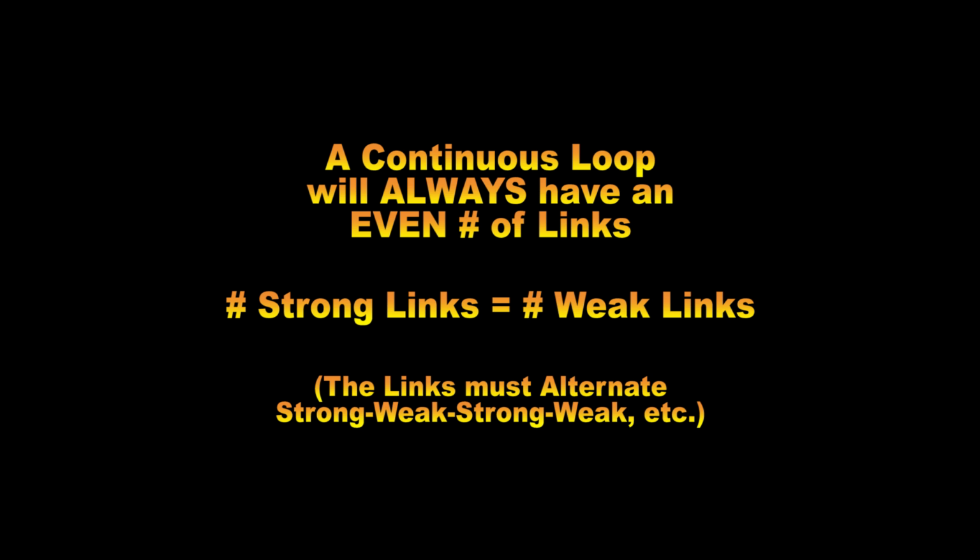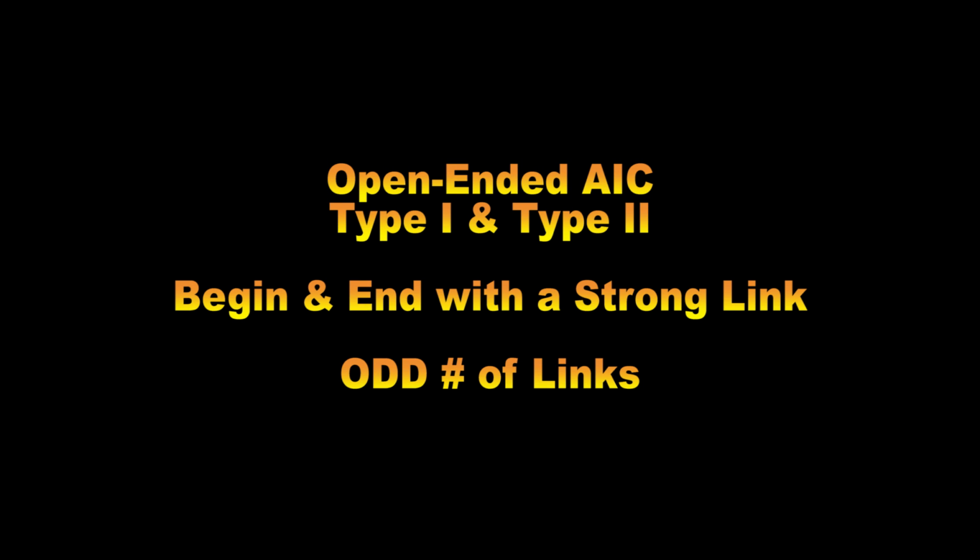For instance, there could be 3 strong links and 3 weak links, or there could be 4 strong links and 4 weak links, etc. And of course, this will always result in an even number of total links. Open-ended AICs Type 1 and 2 always have to begin and end with a strong link, so they will always have an odd number of links.